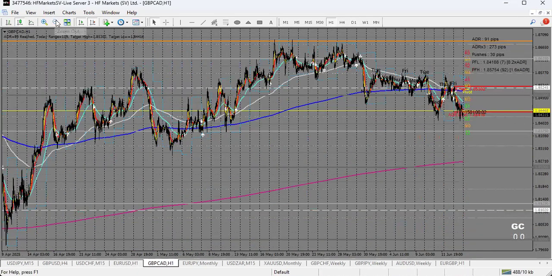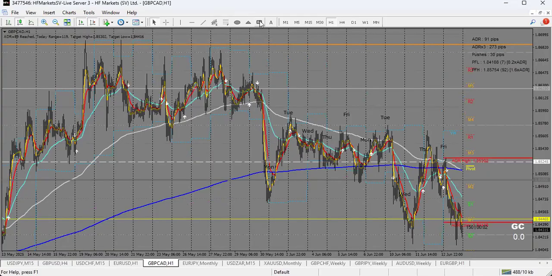So the peak on the hour time frame, we're having this as a very big peak. This was because of the consolidation on the daily time frame. So our ADR here is around 91 pips.